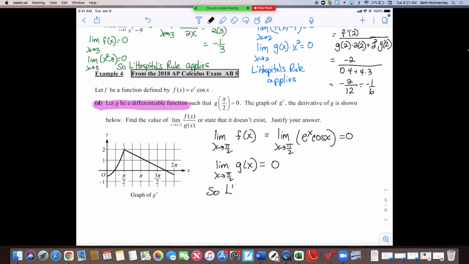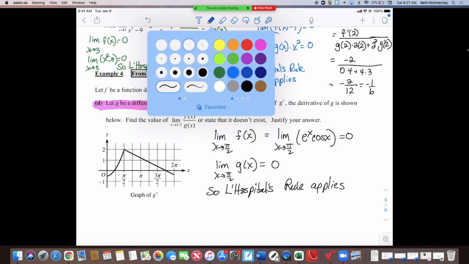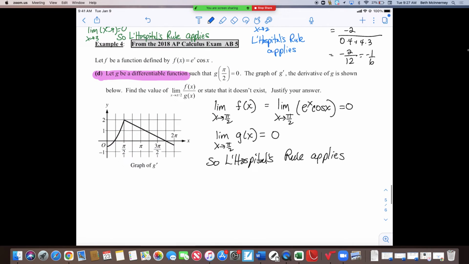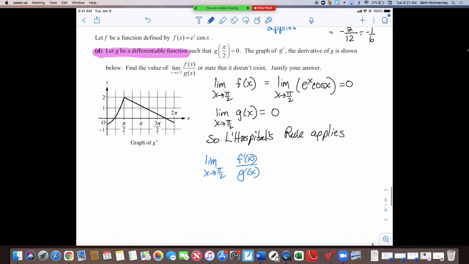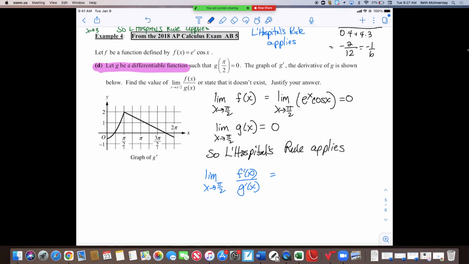So, L'Hopital's rule applies. So, let's try f prime of x over g prime of x. All right, well, f prime of x, that's the first times the derivative of the second plus the second times the derivative of the first.